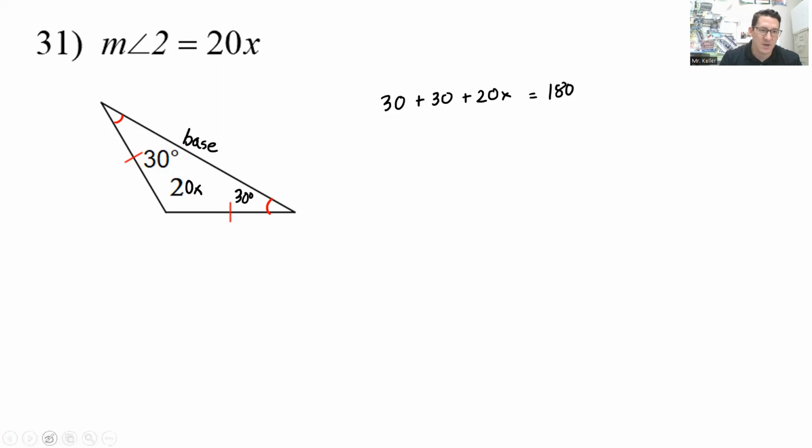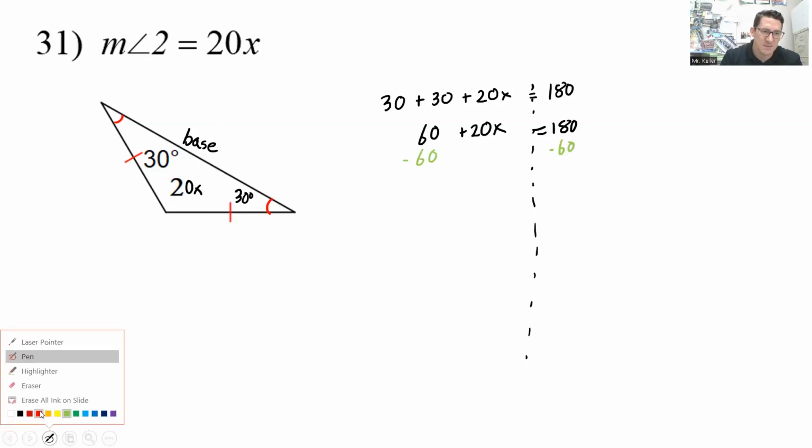From here, combine like terms: 30 plus 30 is 60, plus 20x is equal to 180. I'm going to subtract 60 from both sides. So 60 minus 60 cancels out.